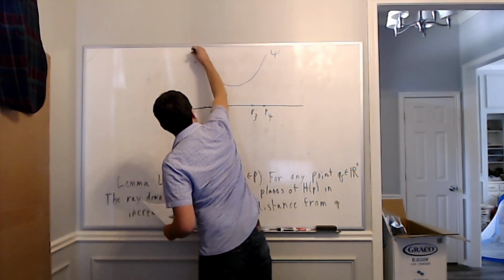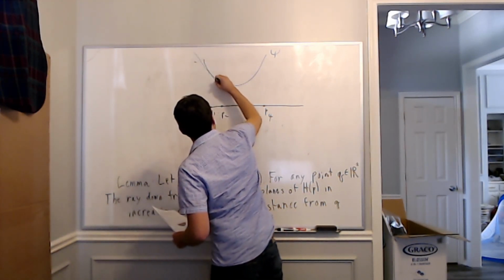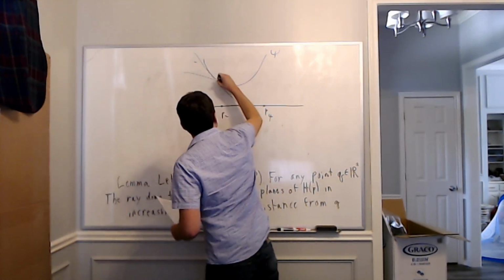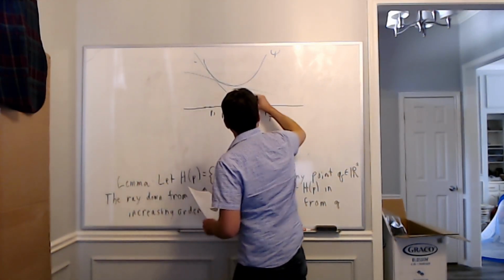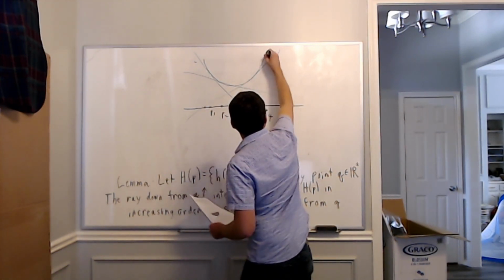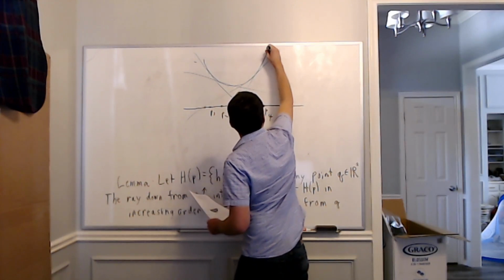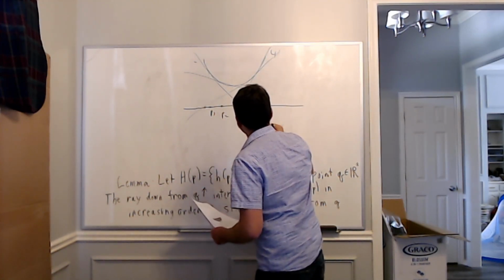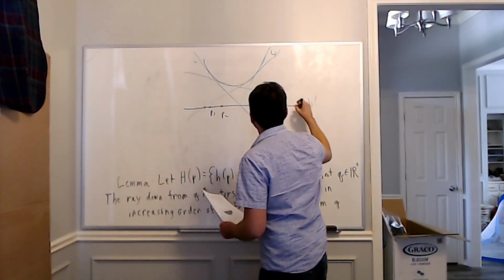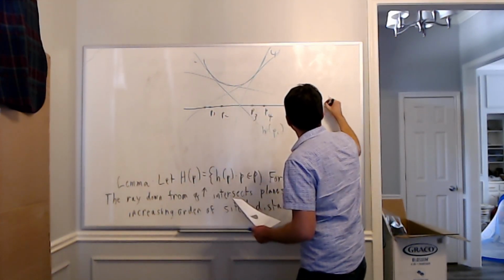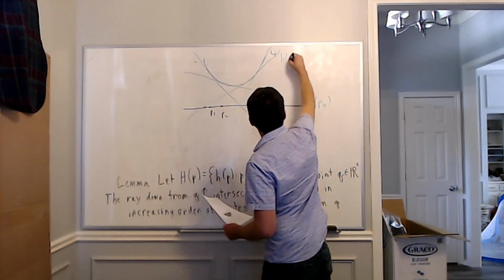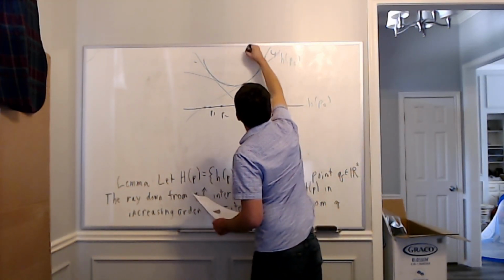If you take these lines lying tangent to psi above each of these positions, here is H of P1, H of P2, H of P3, H of P4.